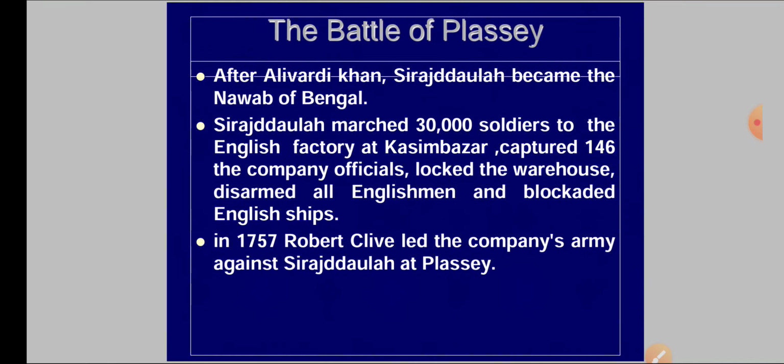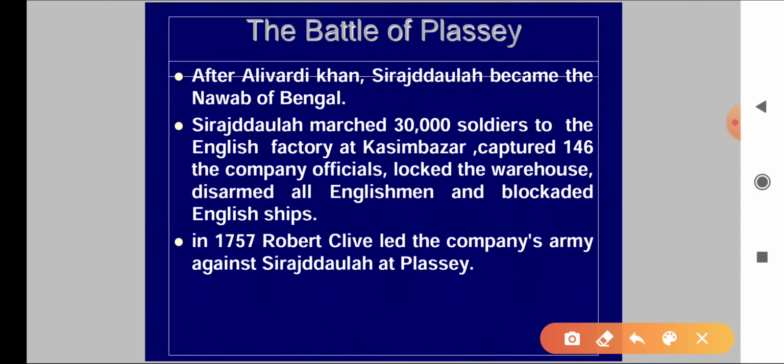Around 146, here you can see in this slide, around 146 British East India Company members were captured and they were locked in one of the warehouses. Out of them, 123 died. So this was the first setback to them.